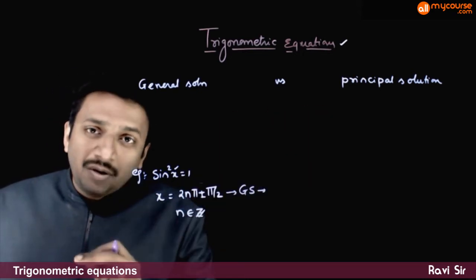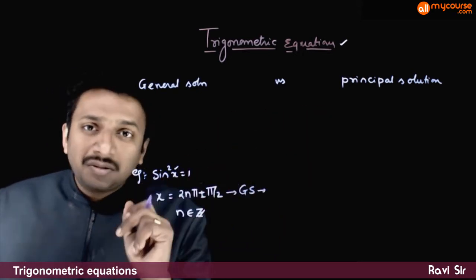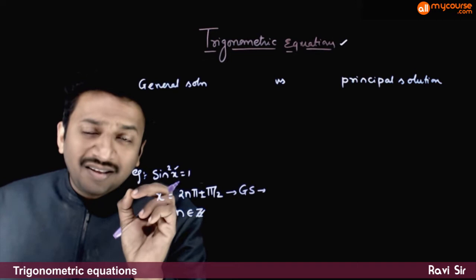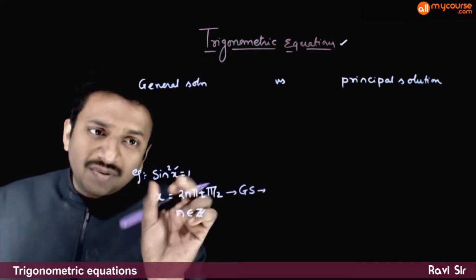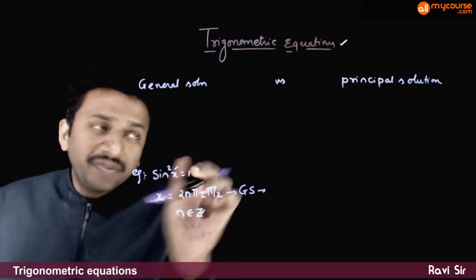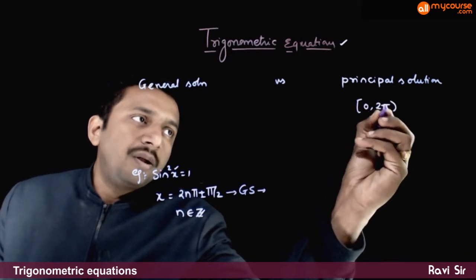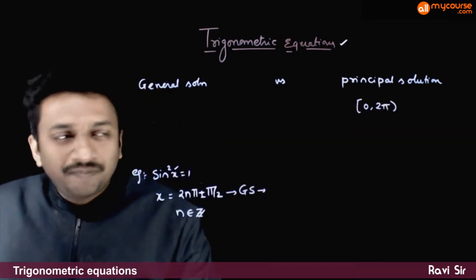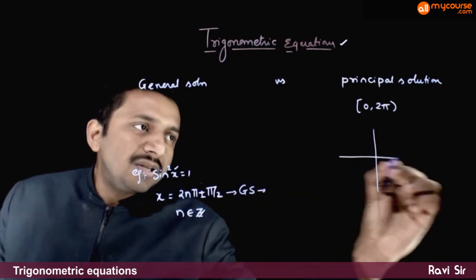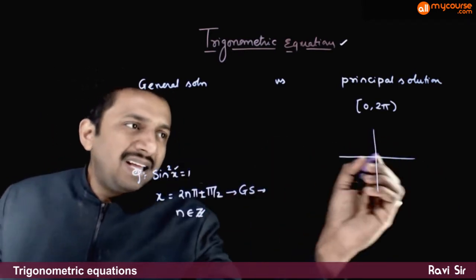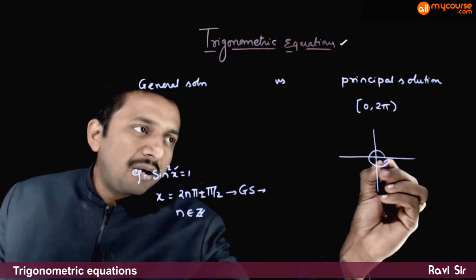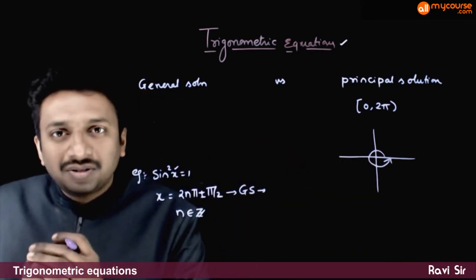What is the principal solution? Principal solutions are the values of x which satisfy this equation and which lie in the interval 0 to 2 pi, closed at 0 and open at 2 pi. That means the solutions which lie in the first rotation are called the principal solutions.